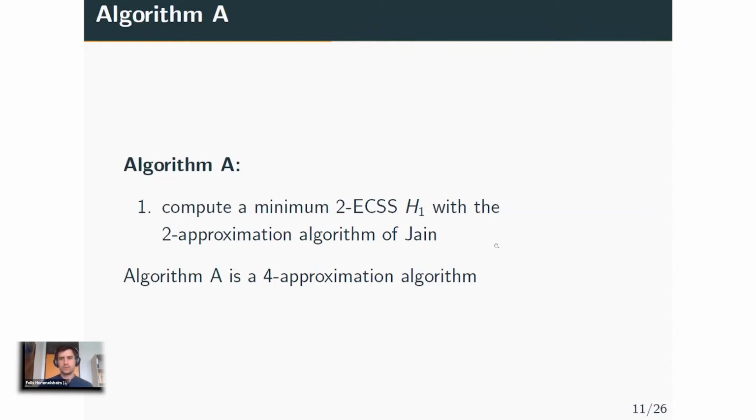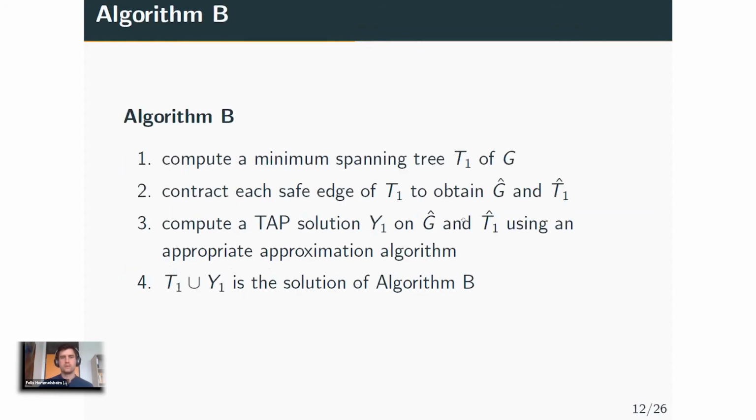Algorithm B is a bit more involved. Here we first compute a minimum spanning tree, T1. Then we contract the safe edges of T1 to obtain a new graph and a new tree. Then we have a tree augmentation instance, and we solve this instance using an approximation algorithm, either the 2-approximation or the 1.5 approximation for bounded weights.